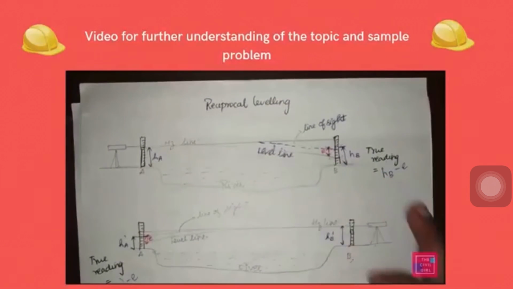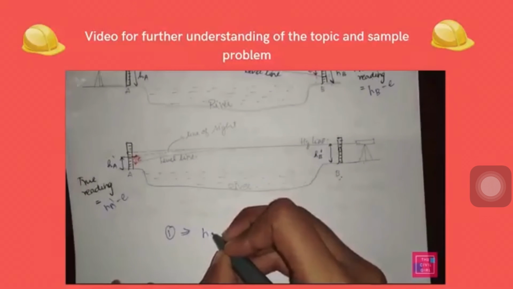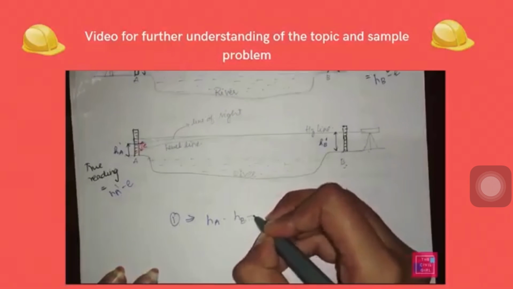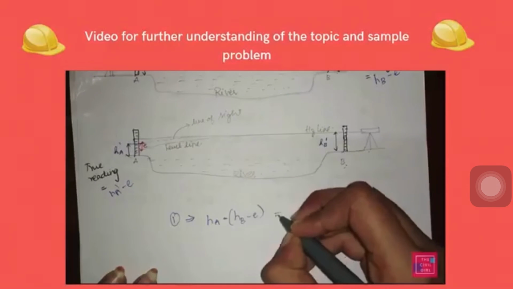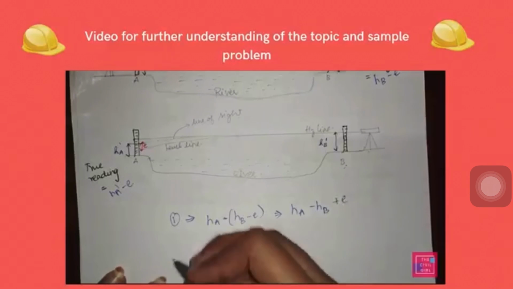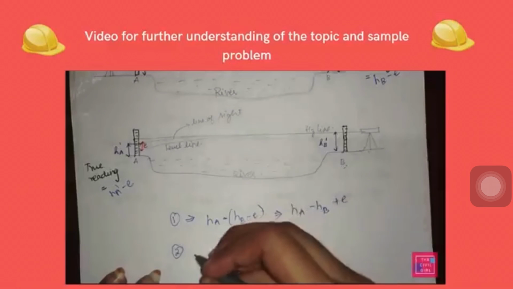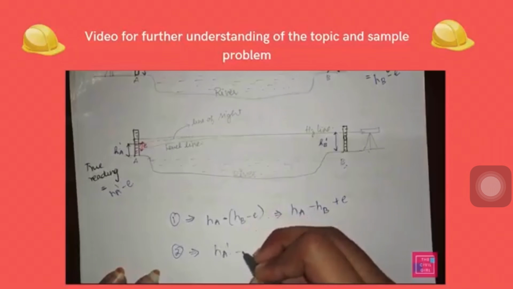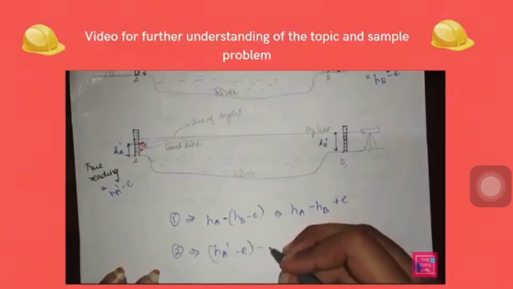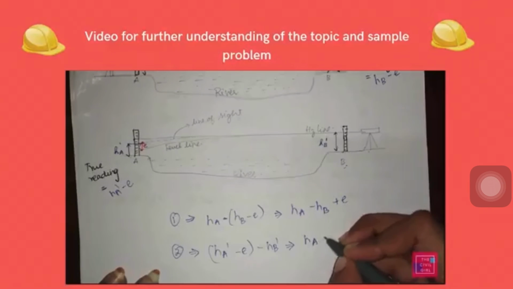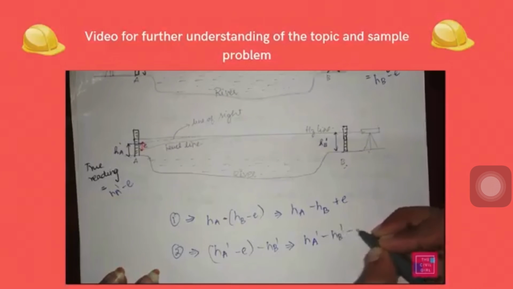So it is HA minus (HB minus E), which gives me HA minus HB plus E. For this case, it is HA' minus E minus HB', which will be HA' minus HB' minus E. This is equal to the level difference.